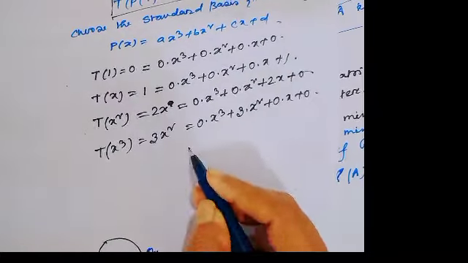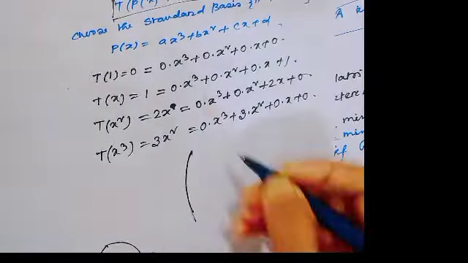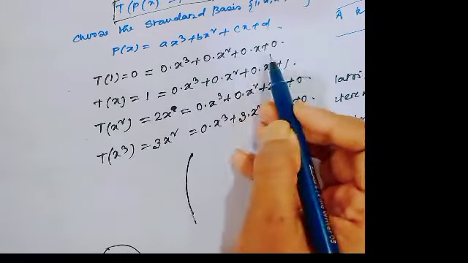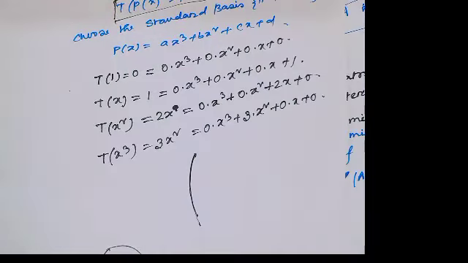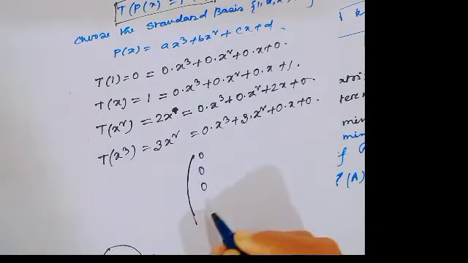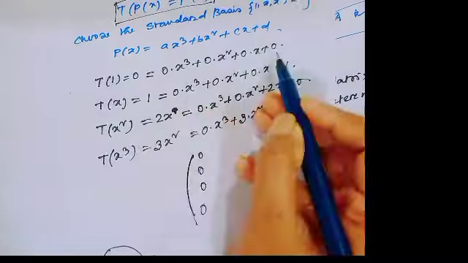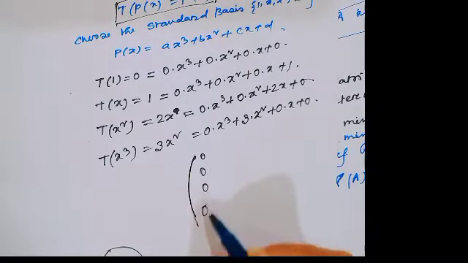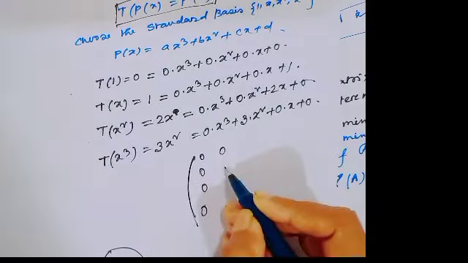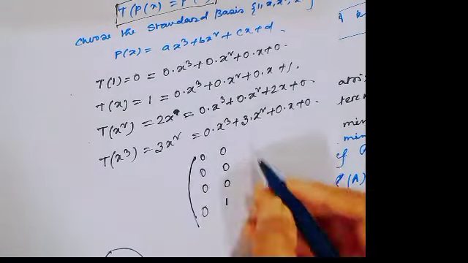Therefore, the matrix representation would be written as the coefficients as a transpose. That means this would be 0, 0, 0, 0 for this row. Here these would be column vectors. Then for this 0, 0, 0, 1.